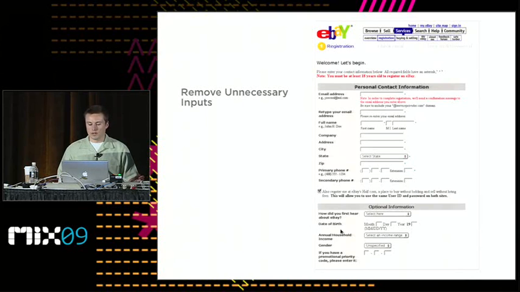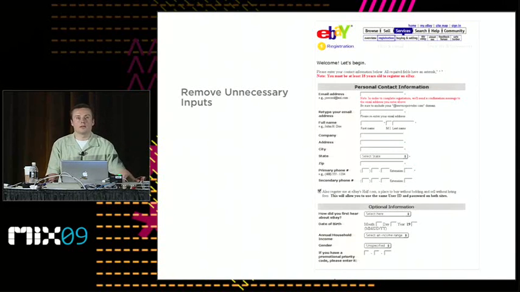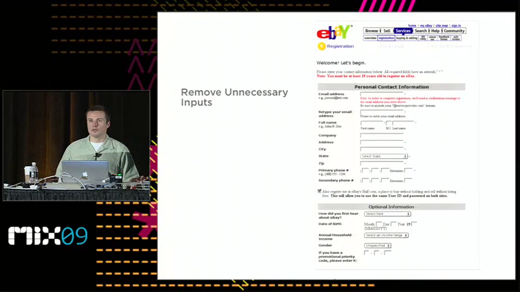But also the completion rates of this optional information actually shot up a substantial amount too because people didn't feel like they had to fill it in as part of registration. It's presented to them as optional stuff you can tell us about later if you feel like it or not. So they still got answers, more answers actually, and they didn't impact their primary metric of getting new people onto the site. So removing things can have a huge impact, right?